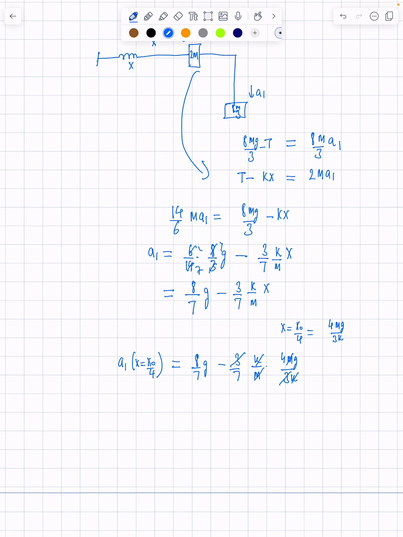Is correct. 4 over 7. Yes. So yeah, we'll get 4g over 7. So that's the value of the acceleration.